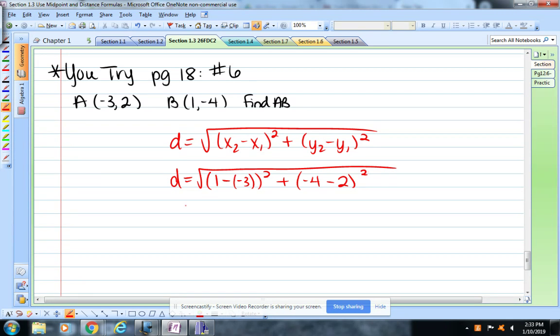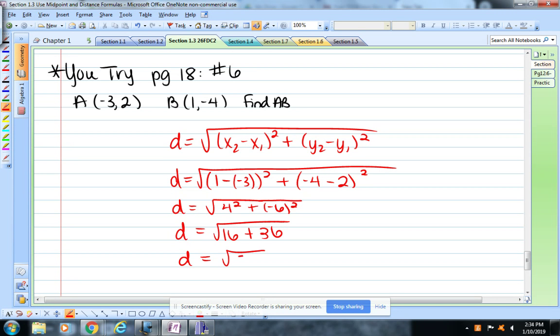So what is 1 minus negative 3? 1 plus 3, which is 4. So that is 4 squared. A little longer. What's negative 4 minus 2? Negative 6 squared. So D equals the square root of what's 4 squared. Plus what's negative 6 squared? 36. 16 plus 36.